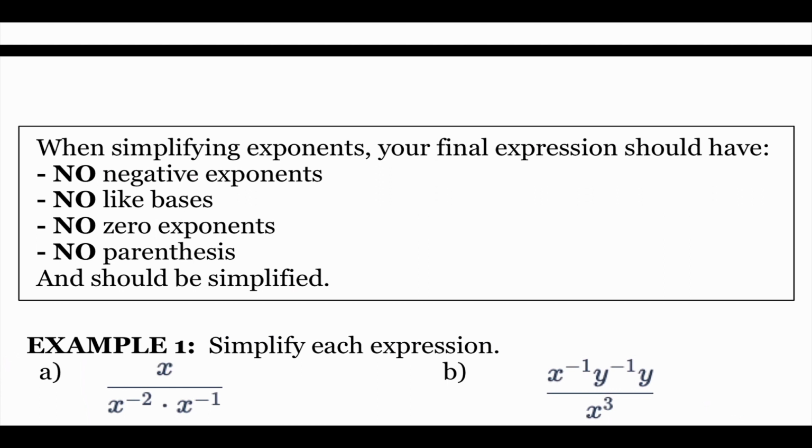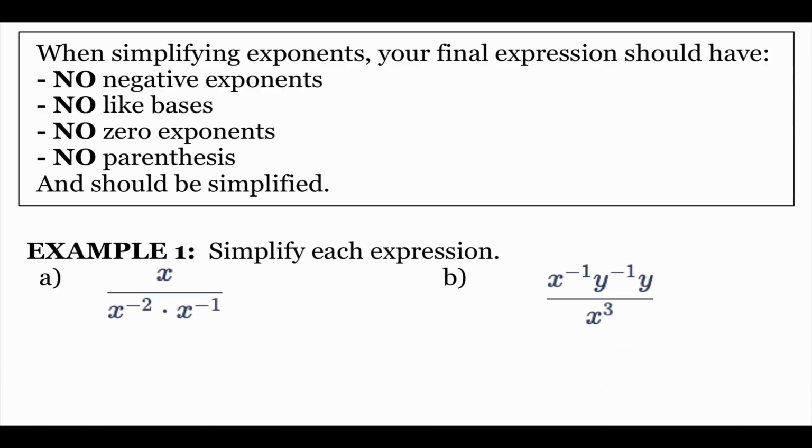We can't have any bases that are the same, like bases. If they're like bases, we have to use one of these rules to combine their powers, right? No 0 exponents. What happens if we get a 0 exponent? Change it to a positive 1. No parentheses. When your answer is done, you can't have any parentheses left. Once you do all of those, your answer is already done. All right? Okay, so let's look at example 1a.